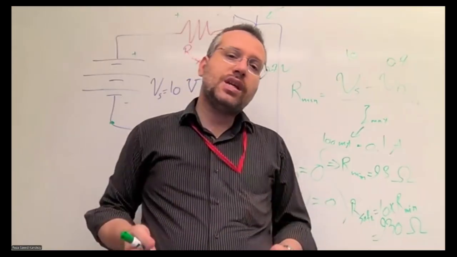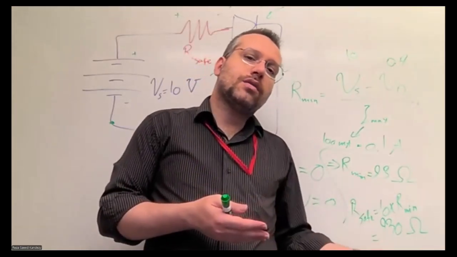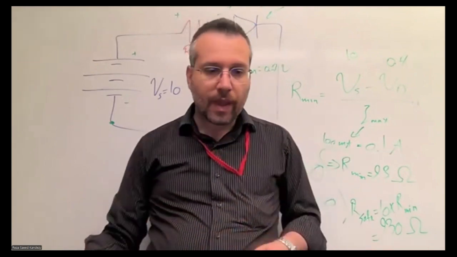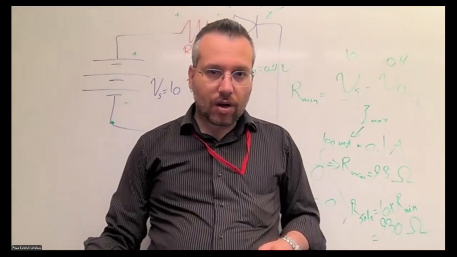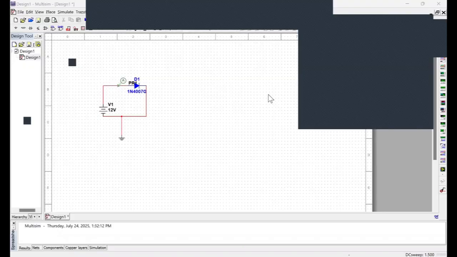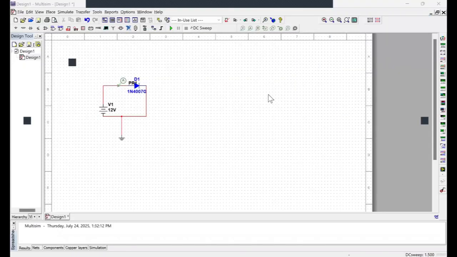We see if it's higher than the 100 milliamp that we said, or lower than 100 milliamp. So this is going to be our next step. Let's do the simulation through Multisim, so we see if the resistance that we calculated is actually limiting the current below the maximum current.